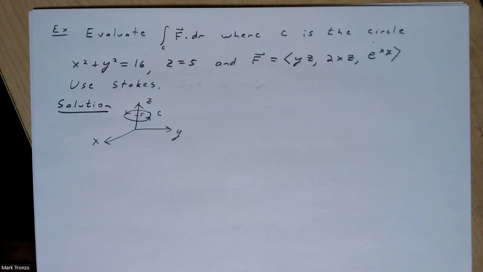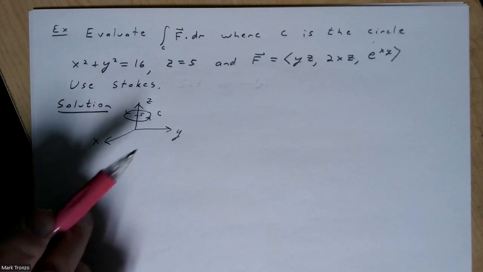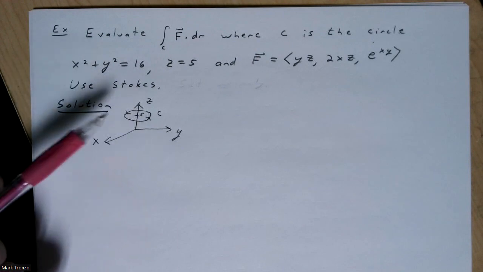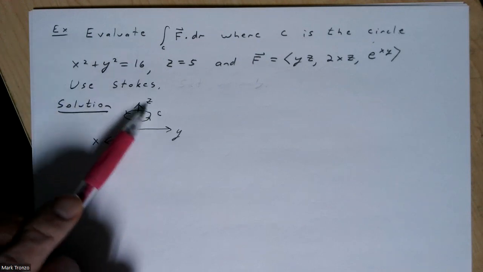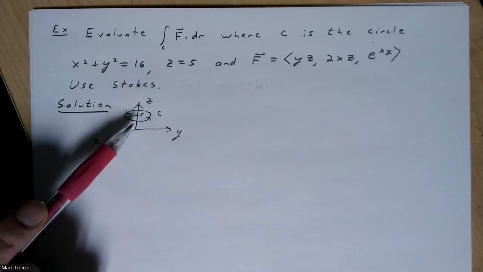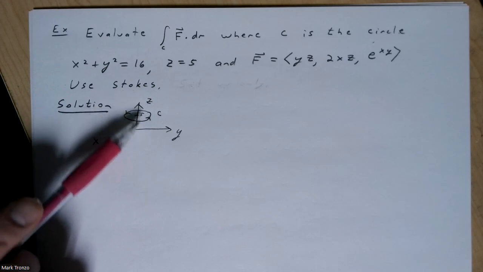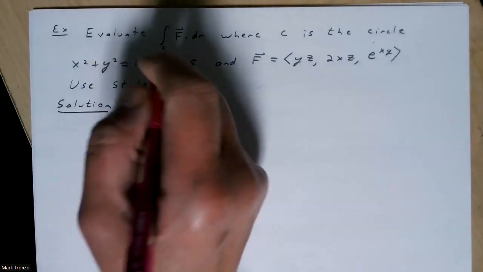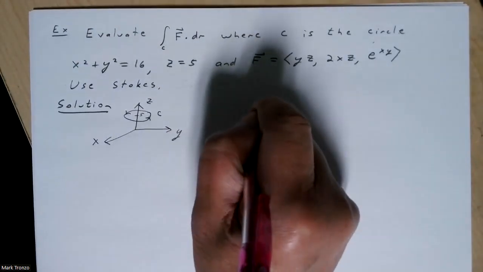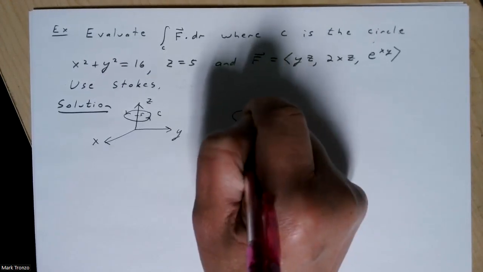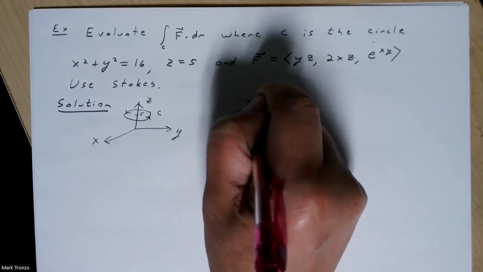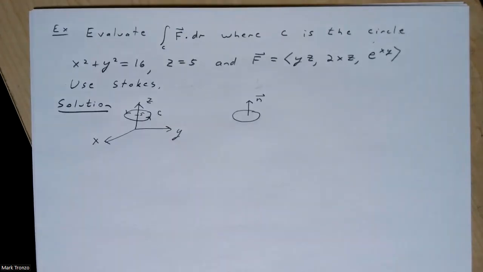Now, one thing to keep in mind when you have something like this, if you have, say, just a circle, or this could be like the end of a cylinder, the normal is pretty simple. Remember, the normal is perpendicular to that surface. So the normal, let me maybe do it over here so you can see it better. The normal will be up this way.